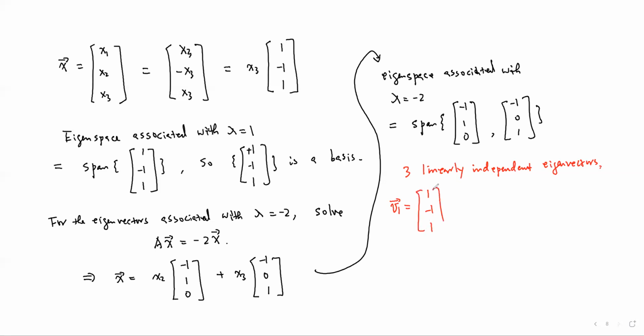And the second, let me call this V2, negative 1, 1, 0. And then V3. We have 3 linearly independent eigenvectors. Now, this is step 2, find all the eigenvectors.